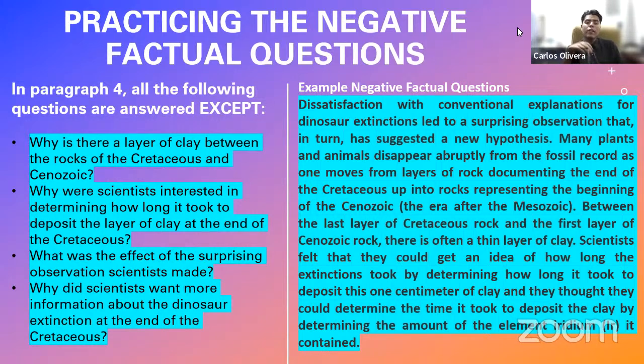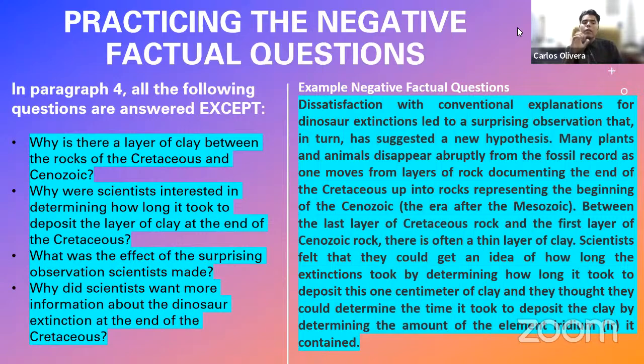It says, why is there a layer of clay between the rocks of the Cretaceous and Cenozoic? Why were scientists interested in determining how long it took to deposit the layer of clay at the end of the Cretaceous? What was the effect of the surprising observation scientists made? Why did scientists want more information about the dinosaur extinction at the end of the Cretaceous?